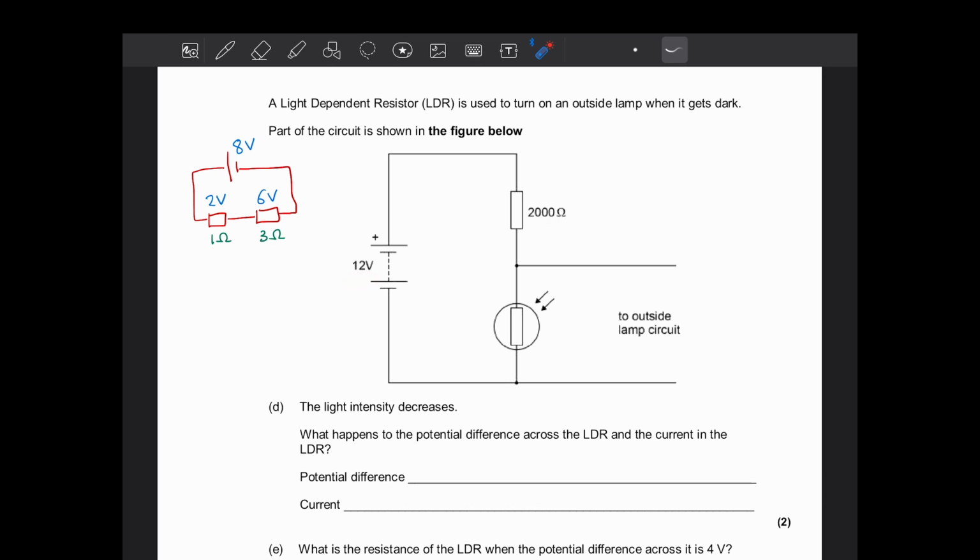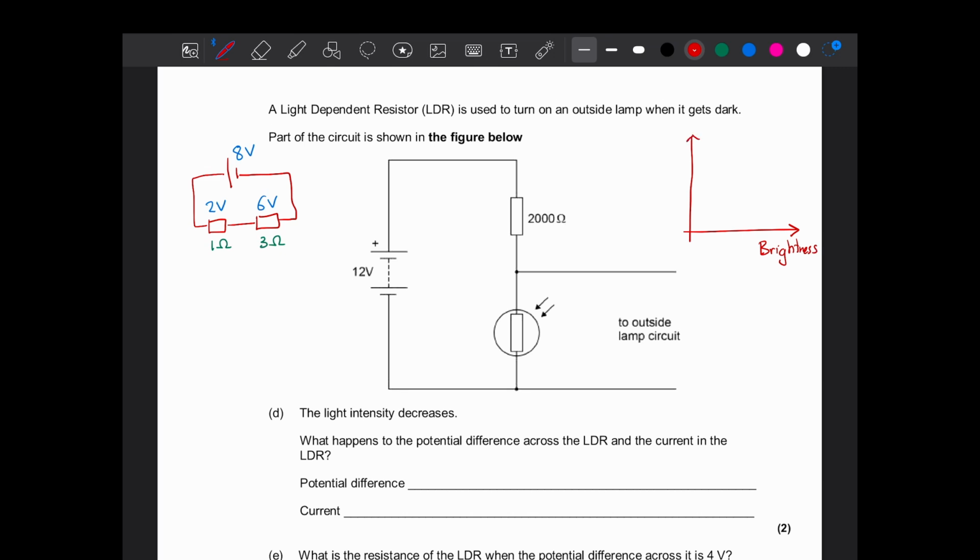The other thing you need to remember to solve this admittedly very difficult problem is how a light-dependent resistor works. So for a light-dependent resistor, I draw a graph over here where the x-axis is brightness, the y-axis is resistance.